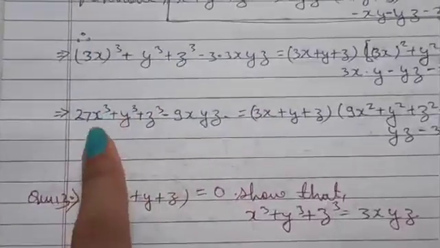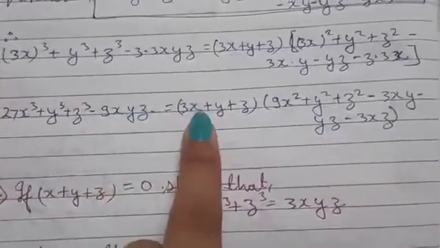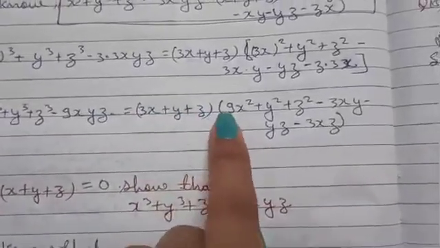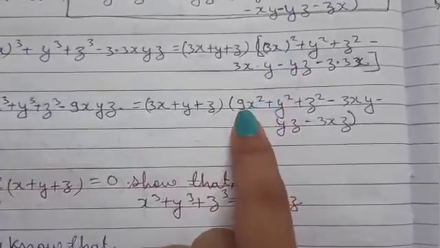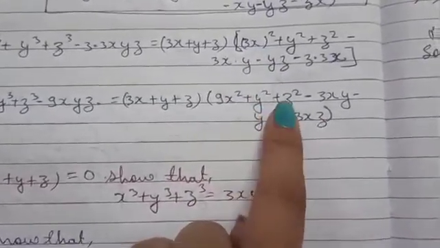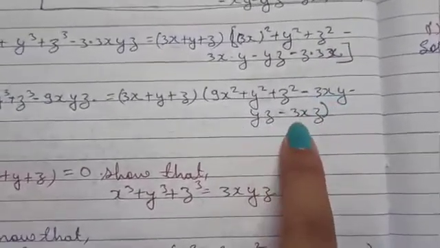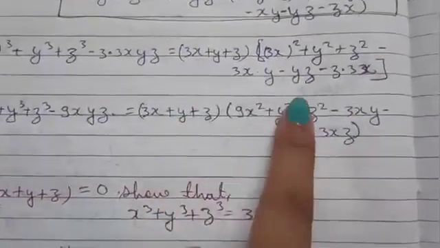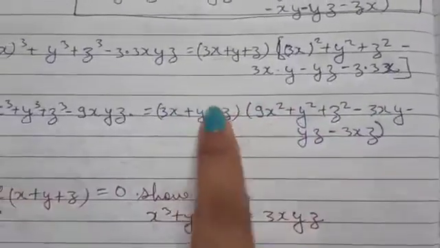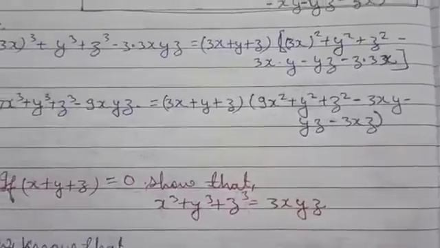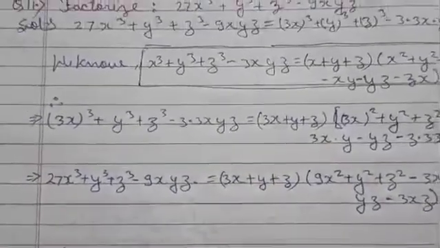So this is what: 27x cube plus y cube plus z cube minus 9xyz is equals to 3x plus y plus z into square of 3x is 9x square plus y square plus z square, these terms as they are, minus 3xy minus yz minus 3xz. So these are the two factors. This one factor and this other factor are the factors of this given expression. Okay, understood?